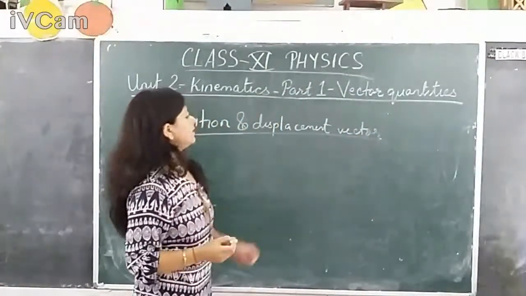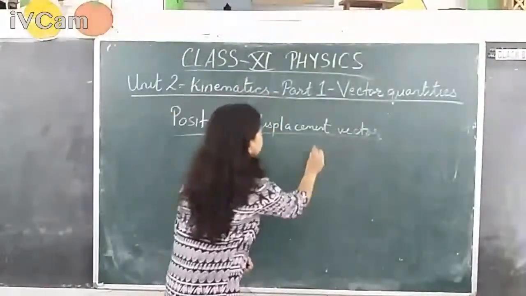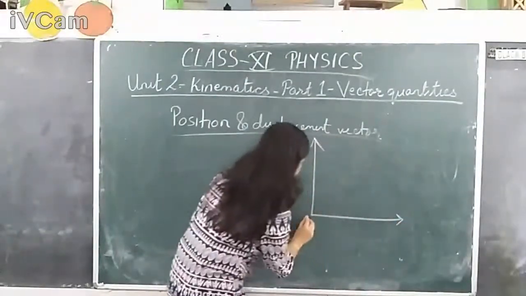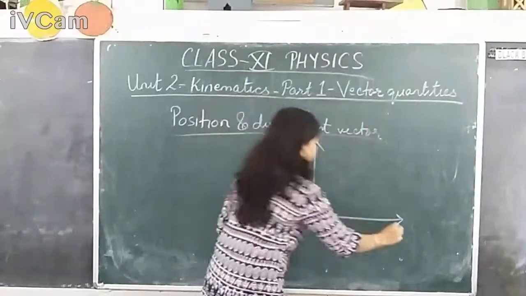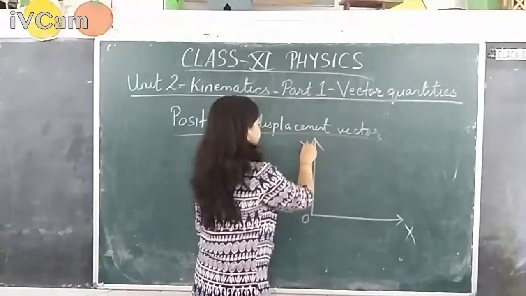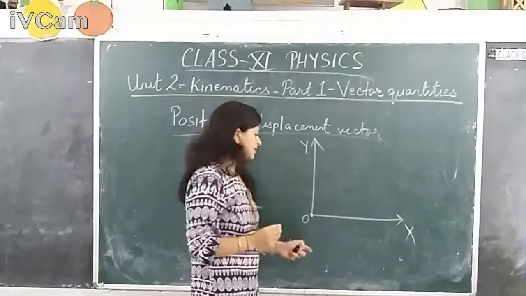This is very helpful as you proceed further in learning physics. Now we choose a frame of reference with an origin O. We are just choosing the xy Cartesian coordinates. This is x, this is y, and this happens to be our origin.